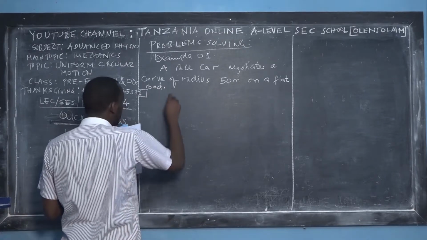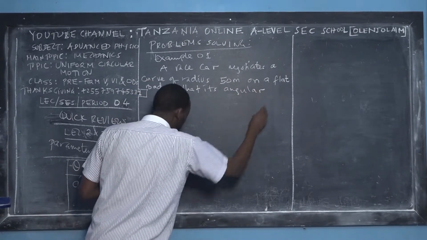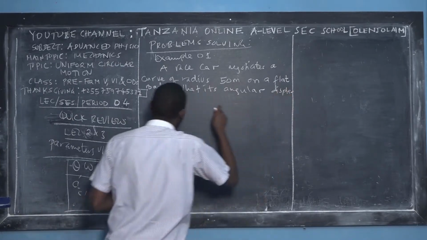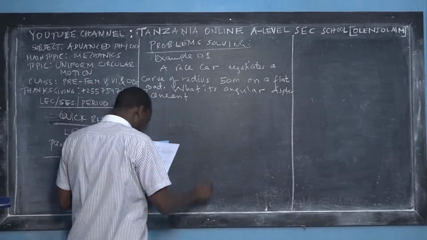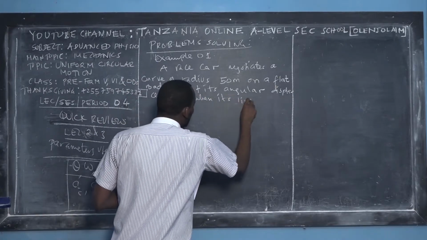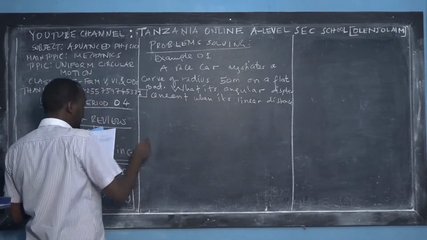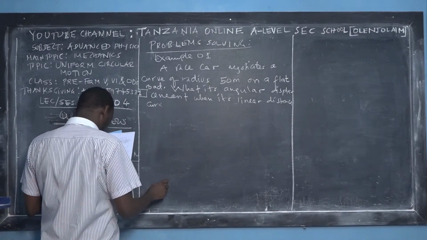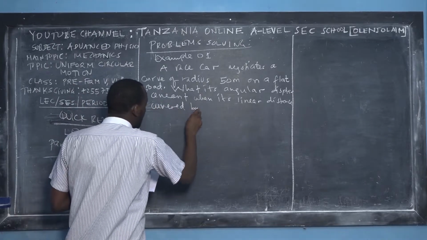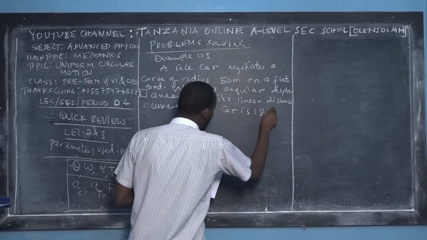And the question asks what its angular displacement is when the linear distance covered by the car is 18.5 meters.